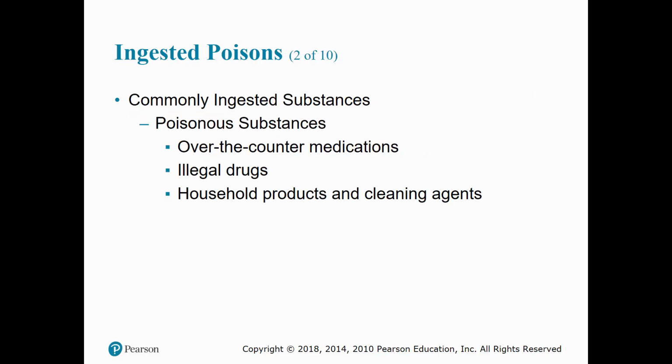Patients may ingest over-the-counter medications, cleaning agents, illegal drugs, anything along those lines. I remember one patient that we went to who drank a capful of liquid Drano, and because of it, he was killed.